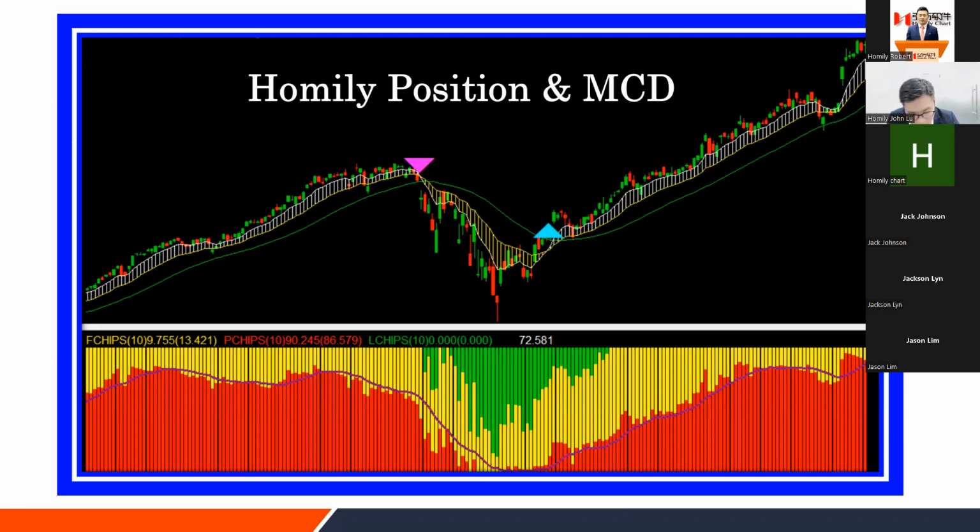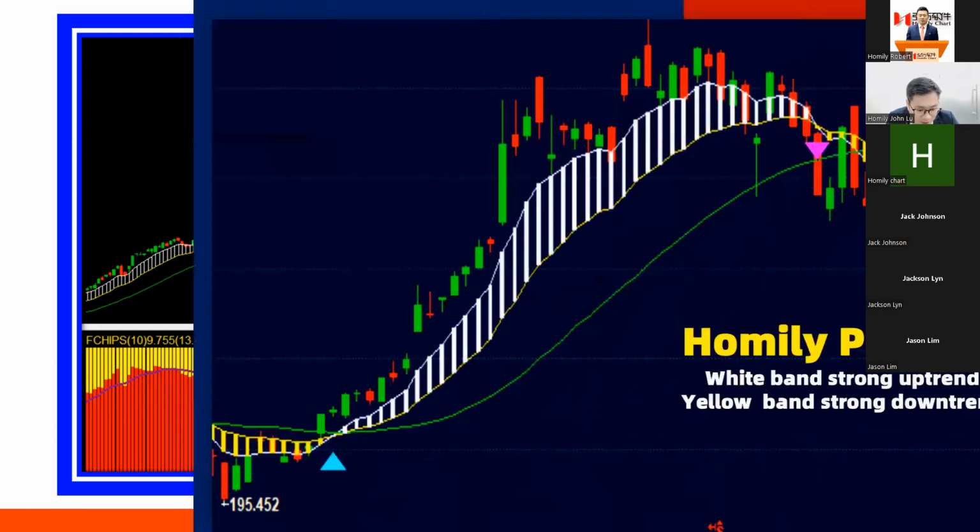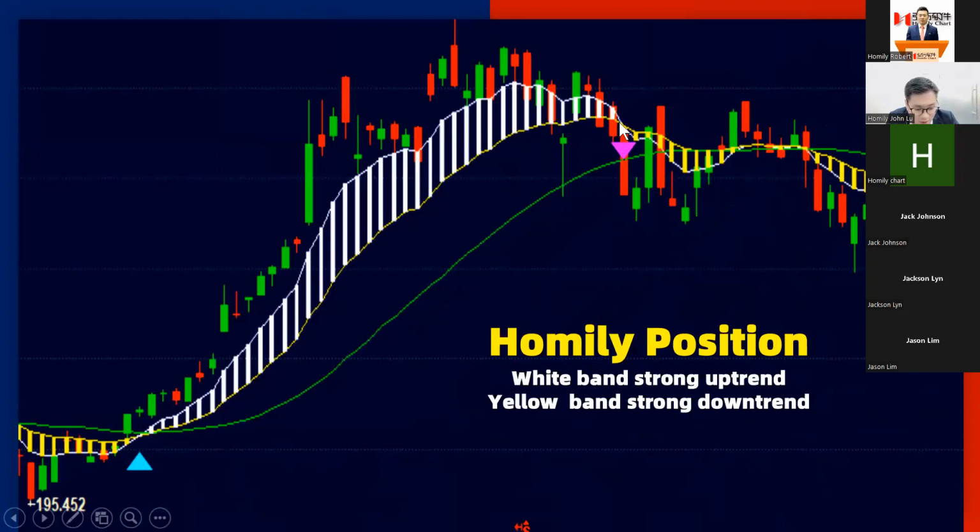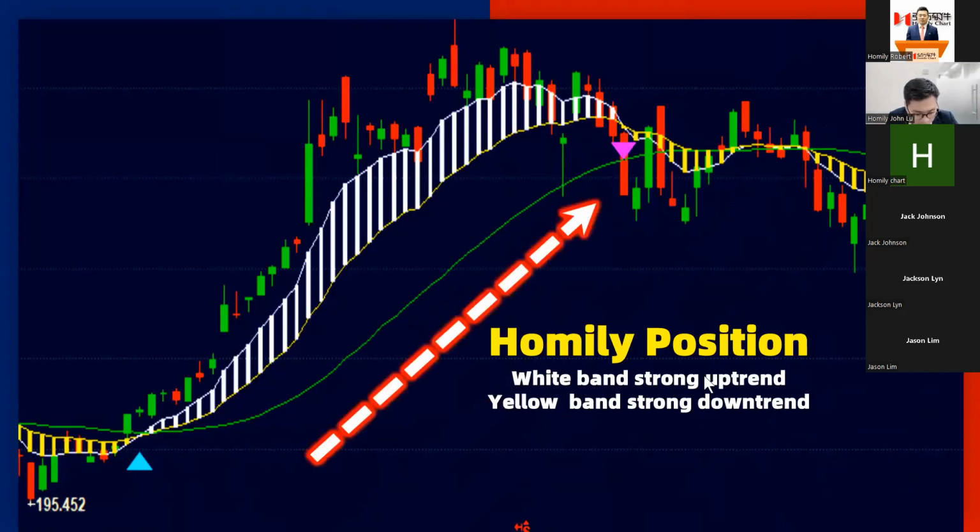most of the bankers or the big boys, they never buy, or they buy only a little bit of the penny stocks. Sometimes we buy penny stocks. I think it is very dangerous. Then when we apply Homely position, the light blue bar later gives you the white band. So it's a strong uptrend.